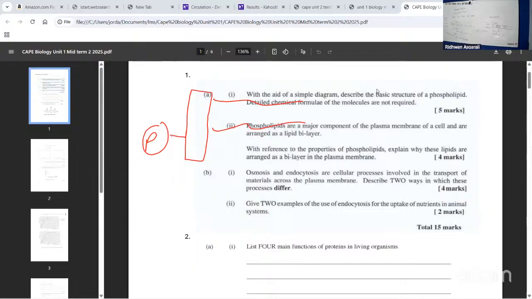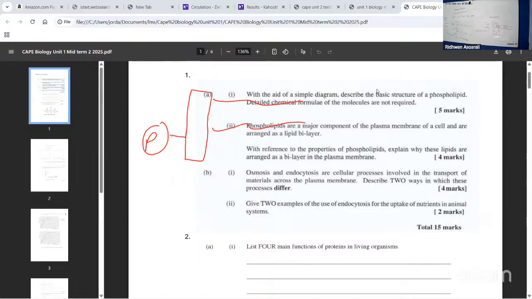All right, so why are these lipids arranged in a bilayer? The head is hydrophilic, the tail is hydrophobic. The reason it's arranged in a phospholipid bilayer is because the hydrophilic heads need to be on the outside, where the water is.